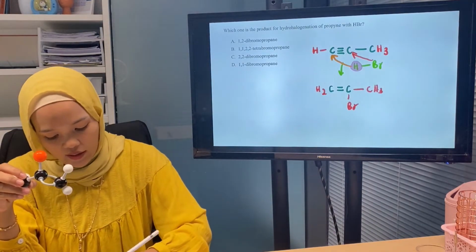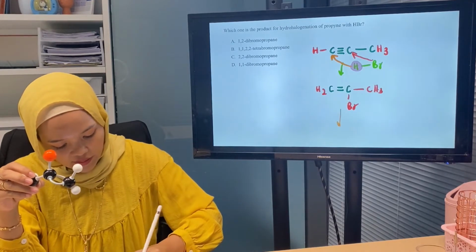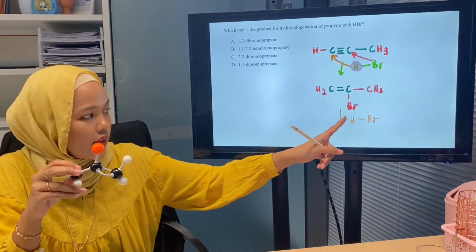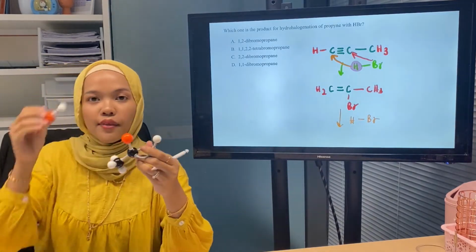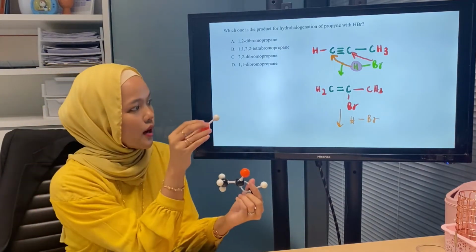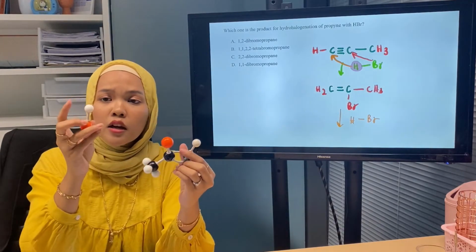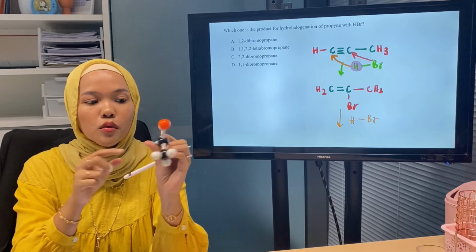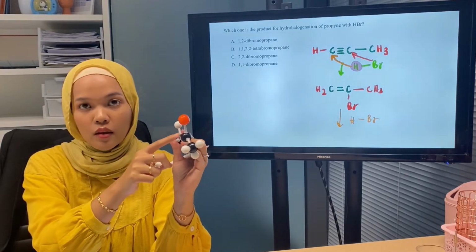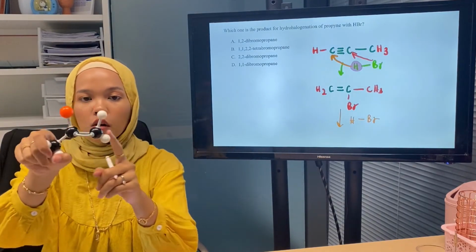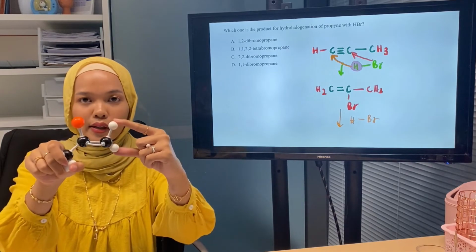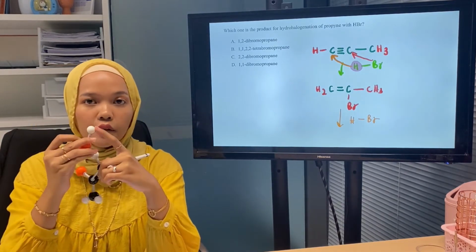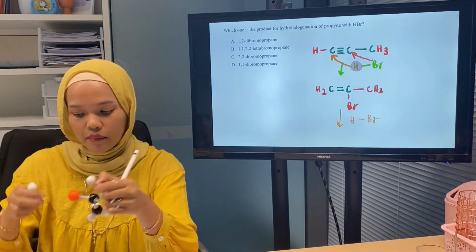Now let us add another equivalent of HBr. Again, do you want to add the hydrogen here or here? If you have a look at this carbon, there are already 2 hydrogens. So based on Markovnikov's rule, the hydrogen will tend to go to this carbon.